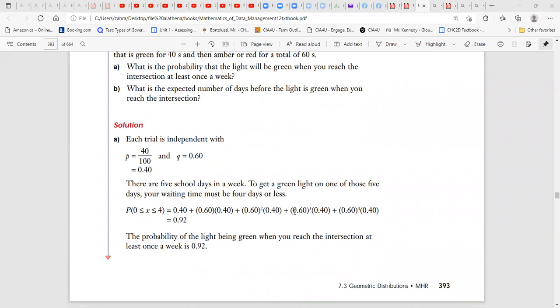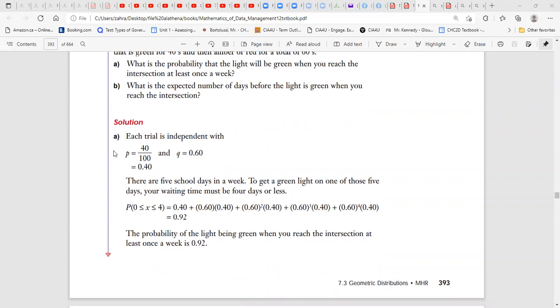It could be that on the first, second, and third days you have red, but on the fourth day you have green. Or on the first, second, third, and fourth days it is red, which means 0.6 to the power 4 multiplied by 0.4, and then the fifth day is green. You add them up, and the probability is 0.92. The probability of the light being green when you reach the intersection at least once a week is 0.92.